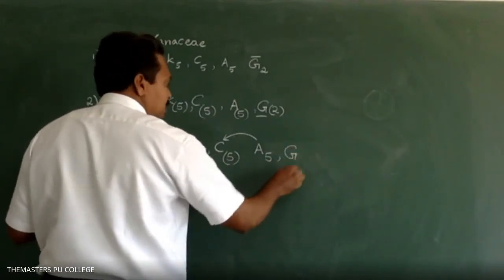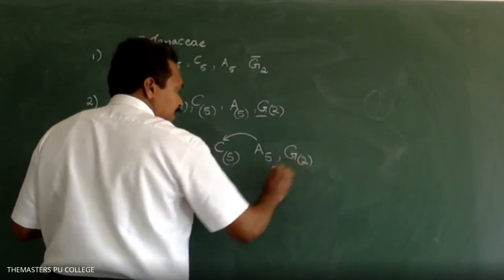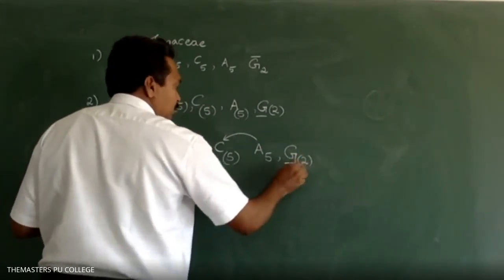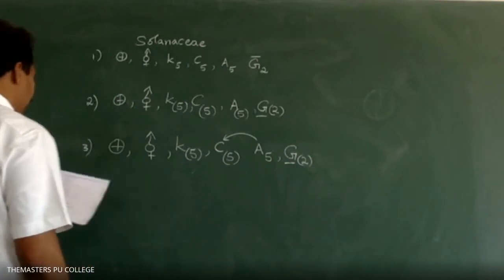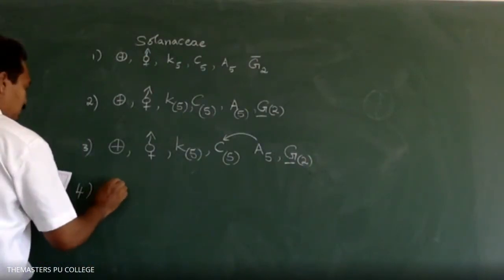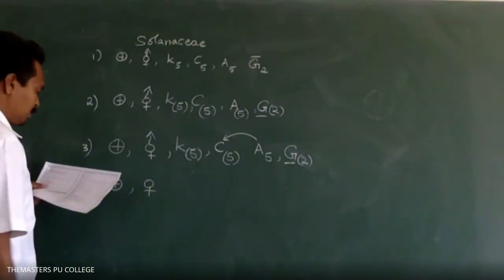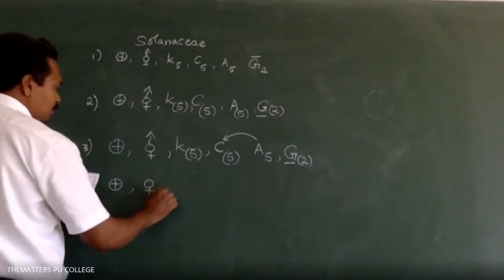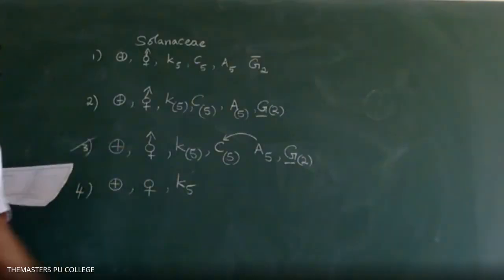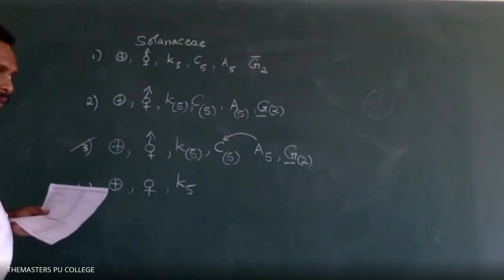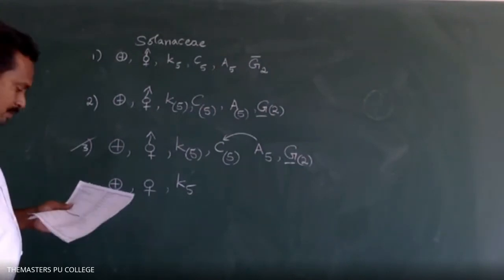Gynoecium has two carpels, syncarpous, hypogynous flower. Option 4 is flowers are actinomorphic, unisexual, female flower. Sir, option 3, sir. Very good. The third option is correct.